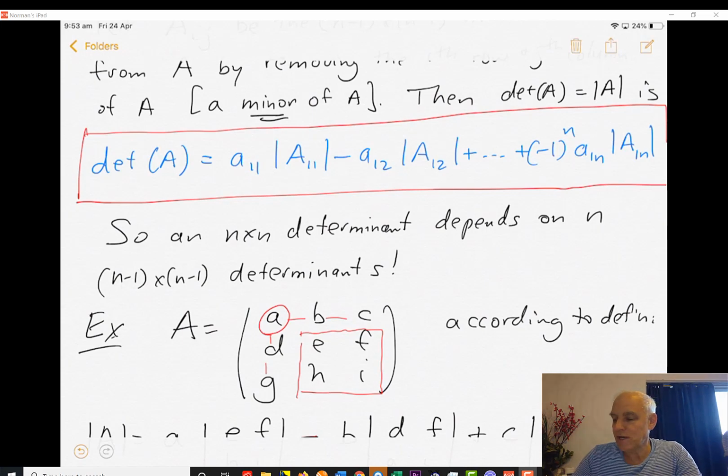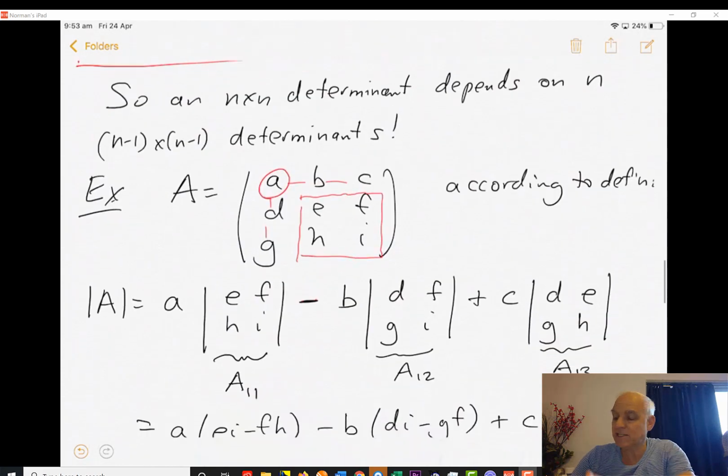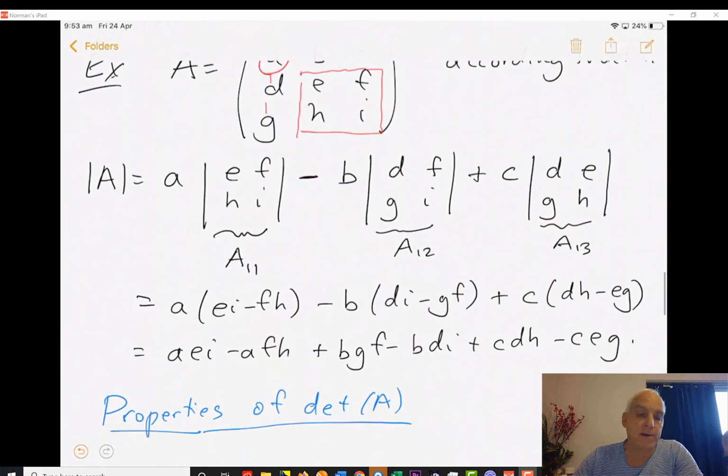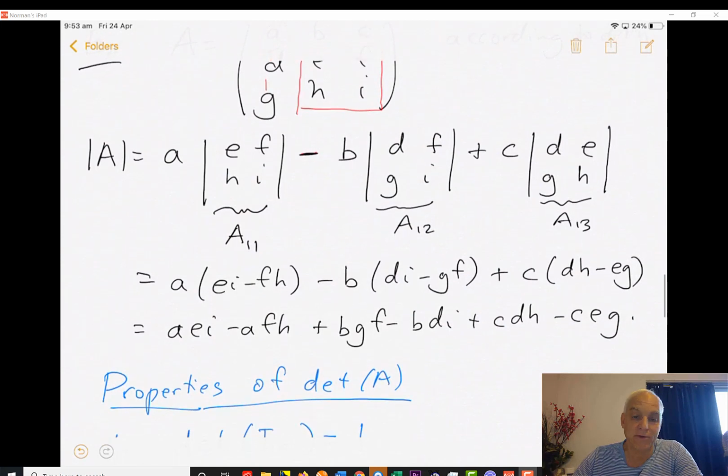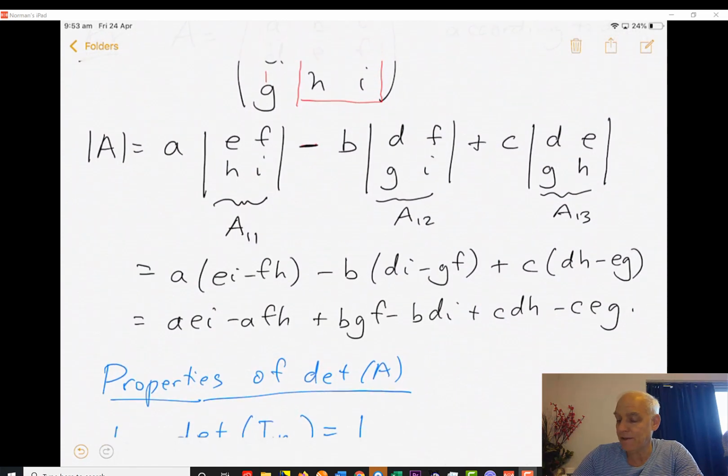So it's actually nice to have direct verifications of the two-dimensional and the three-dimensional properties, because we have these very explicit formulas for the determinants of 2x2 and 3x3 matrices, so that you can see the various properties.